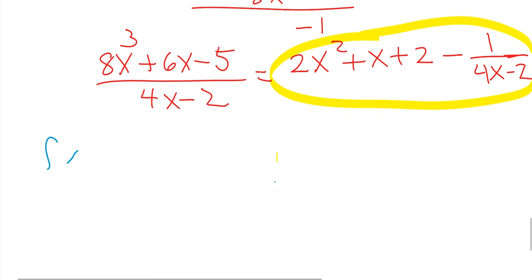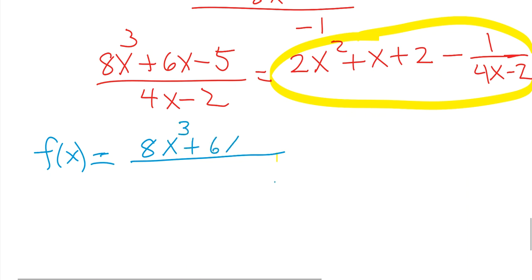So what if I said f of x was equal to that fraction, 8x cubed plus 6x minus 5 all over 4x minus 2? What if I said that? And then I said, well, that divides out to the following.